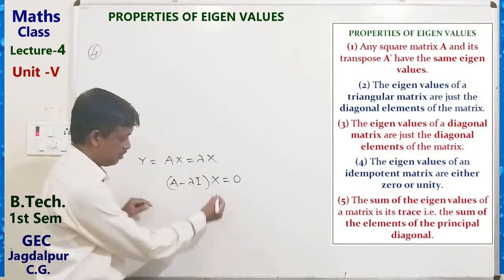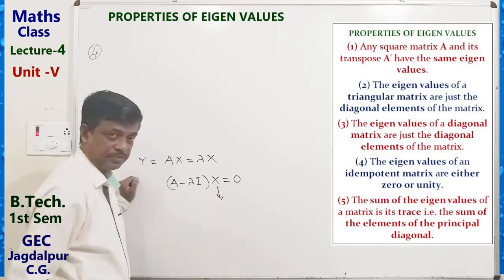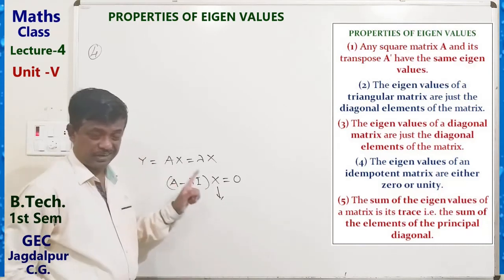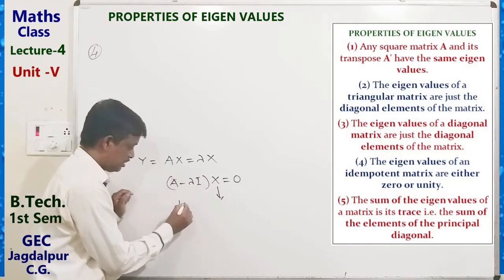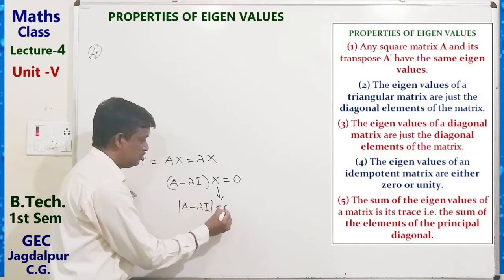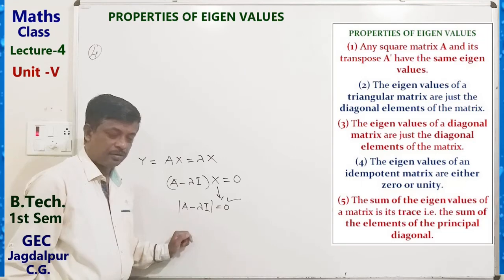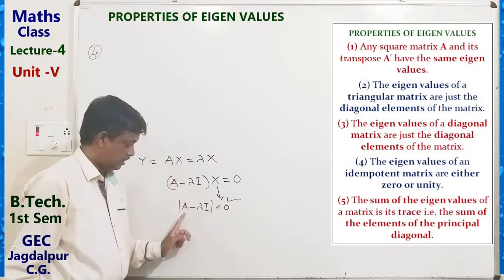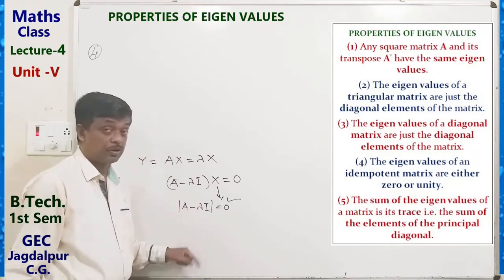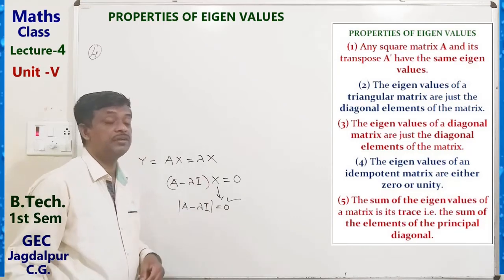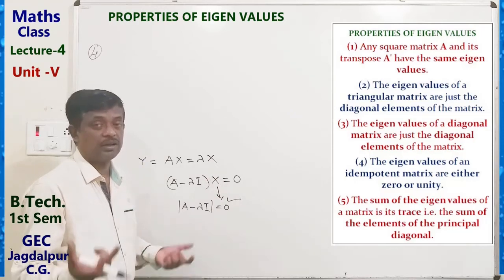A non-zero solution gives the value of x, that is the eigenvector. For a non-zero solution for a particular value of lambda, the determinant of A minus lambda I equals 0. So this is the characteristic equation of the matrix A. From solving this, we get eigenvalues, and the system will give its non-zero solution x as a vector called eigenvector.